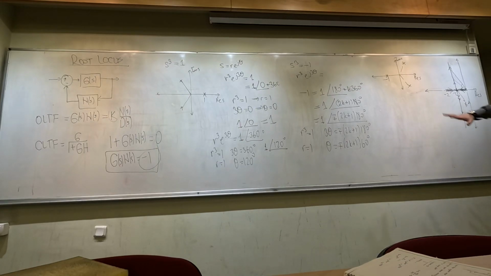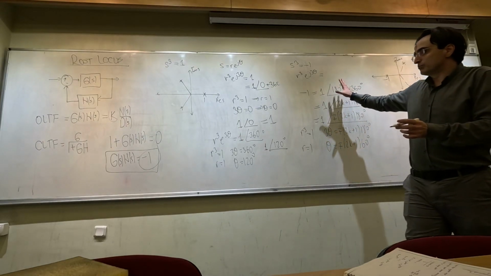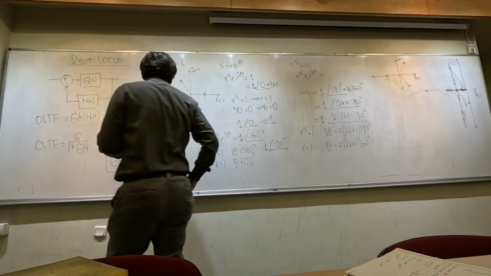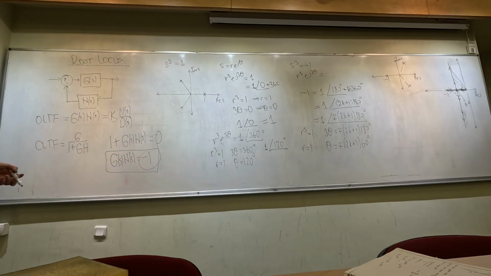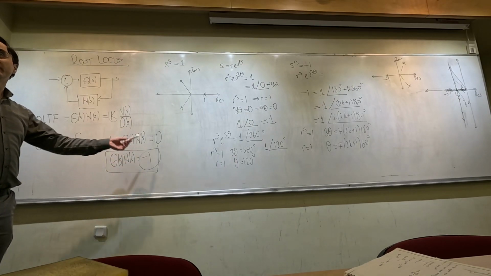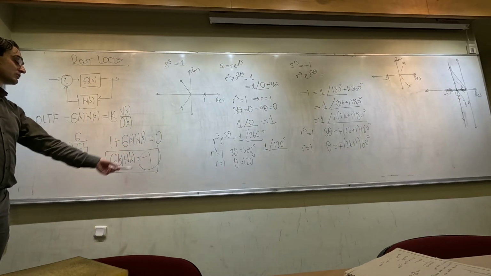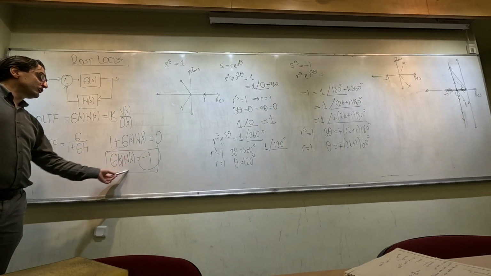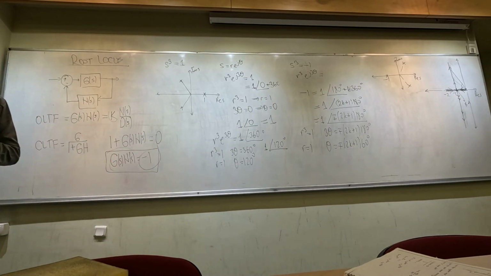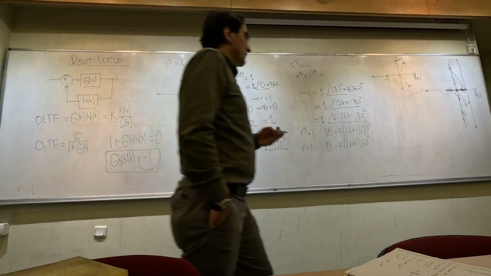So here we see that this polar methodology, using the polar representation of these real numbers or complex numbers, might allow us to actually solve this type of equation. So in general, for g of s, h of s, we are going to have much more complicated quantities.